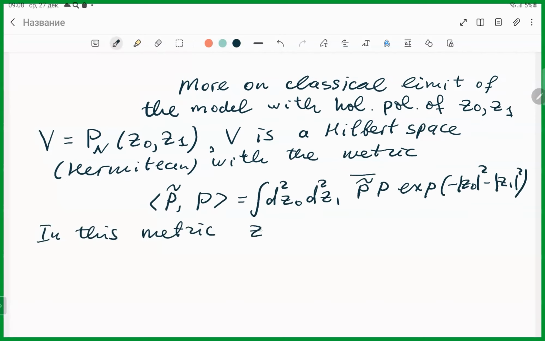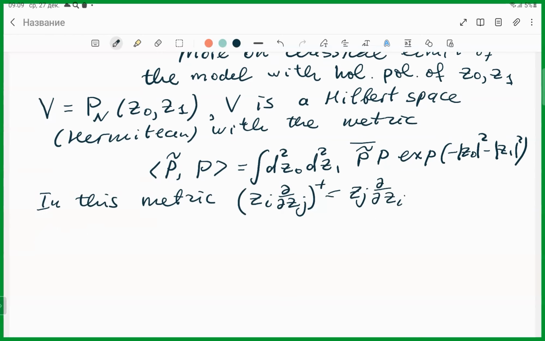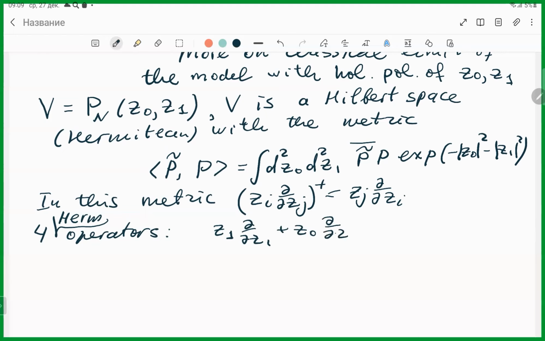In this metric, Zi d over dzj, Hermitian conjugated, is Zj d over dzi. Thus, we have four Hermitian operators. Z1 d over dz1 plus z0 d over dz0 equals n, since it's an Euler operator.